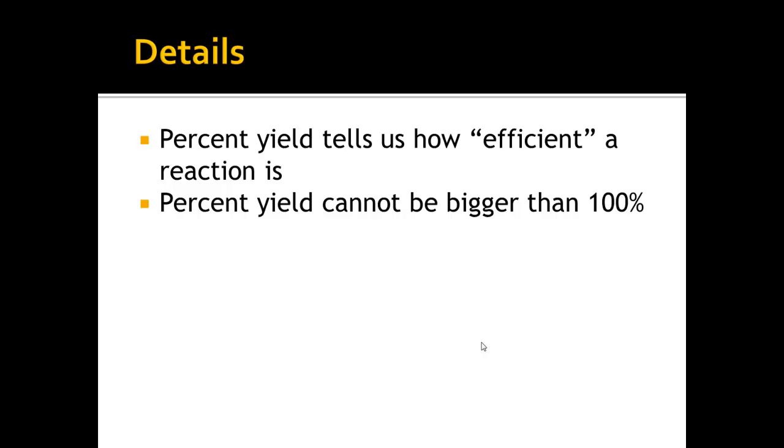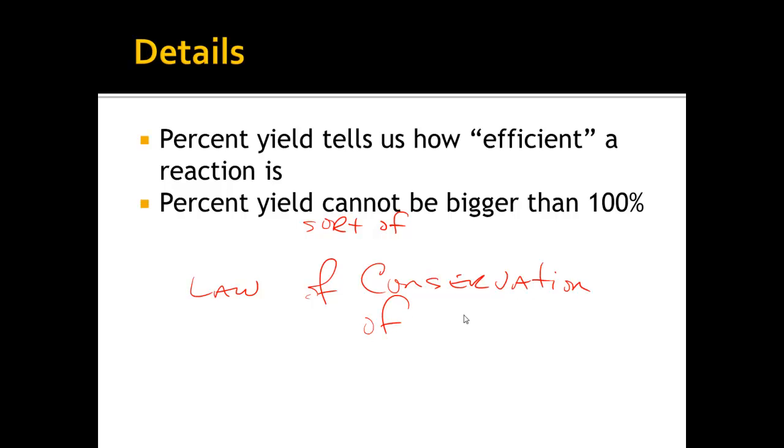Percent yields cannot be bigger than 100%. Sort of. Okay, so they sort of can't be bigger than 100%. The idea is that you can't have greater than 100% because you don't want to violate the law of conservation of mass. So the law of conservation of mass, which we've talked about in this unit and others, is what you start with is what you have to end with.